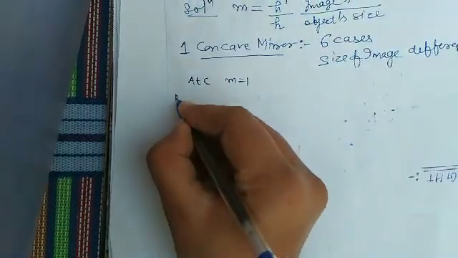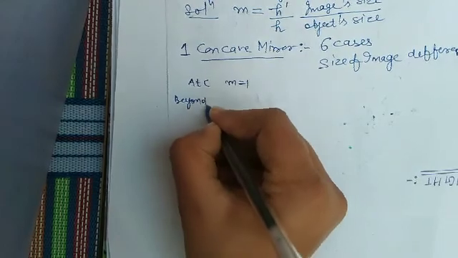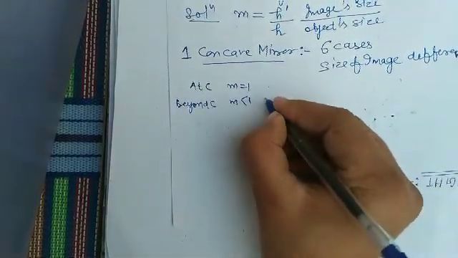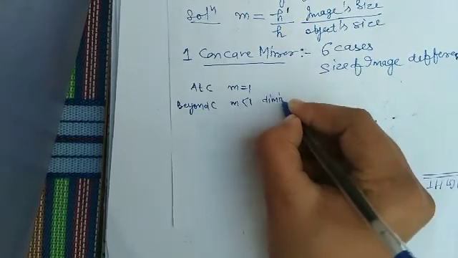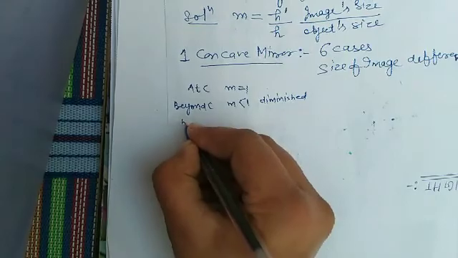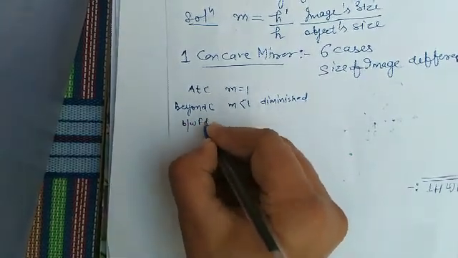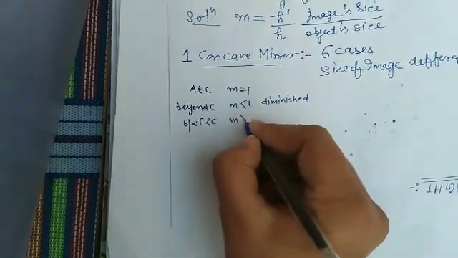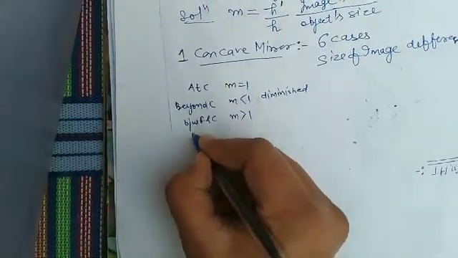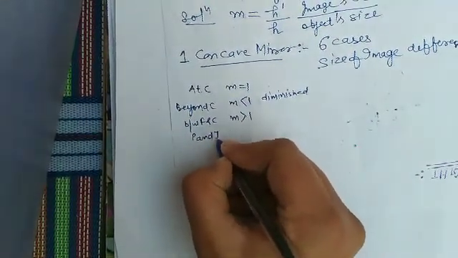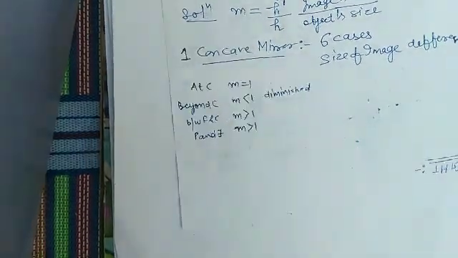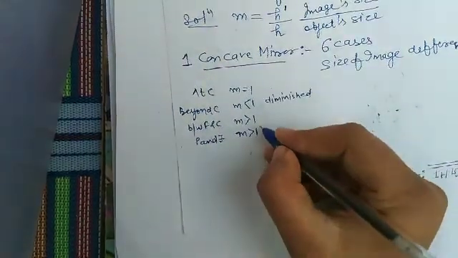अगर आप बियॉन्ड सी रखेंगे, दूर है, तो मैग्निफिकेशन की वैल्यू less than 1, क्योंकि इमेज कैसी बन रही थी, diminished. ओके, अगर आप बिटवीन एफ एंड सी रखेंगे तो इमेज लार्ज बन रही है, so m will be greater than 1. अगर आप उसे पी एंड एफ में रखेंगे, again m is greater than 1. इमेज कैसी बनेगी, enlarged.